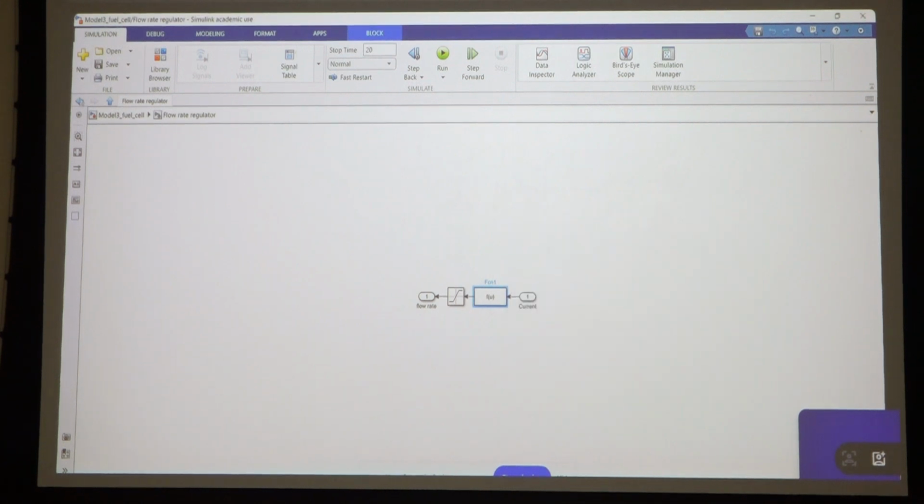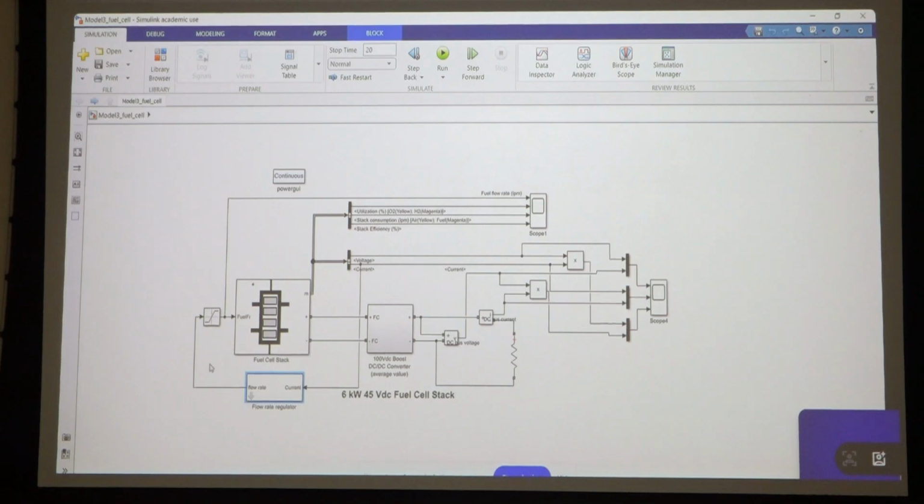In such a way you can easily input your user defined signal based on your current profile. That means if it is highly fluctuating in nature, then based on that you can develop these equations and readjust the fuel flow rate to ensure that your fuel cell stack operates at your defined utilization factor like 80%, 90%, whatever you want.